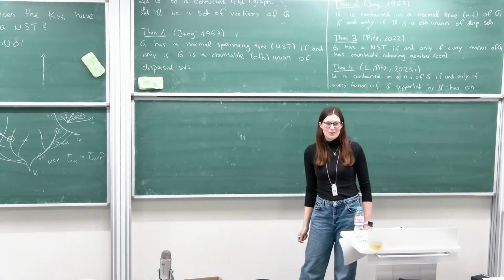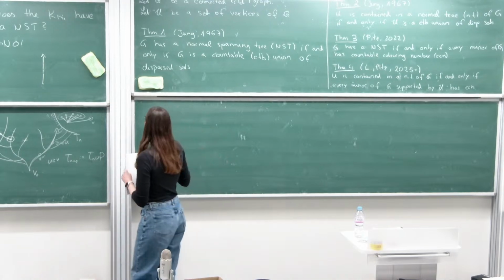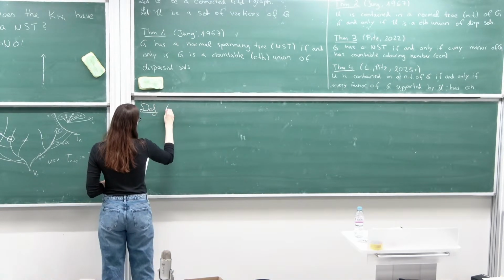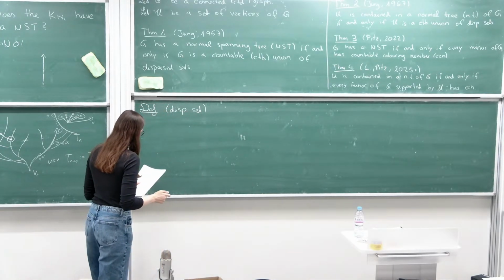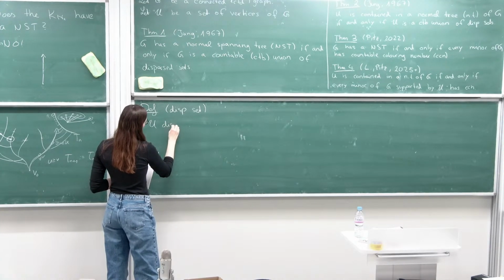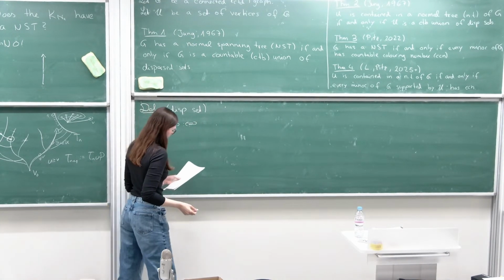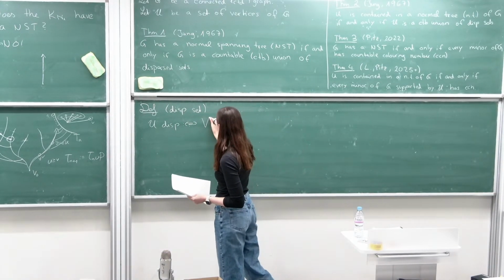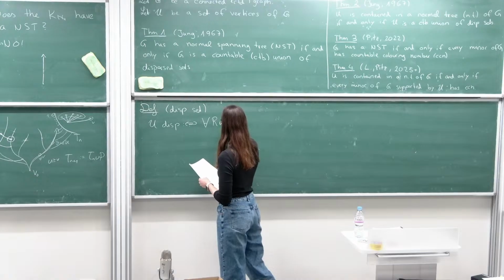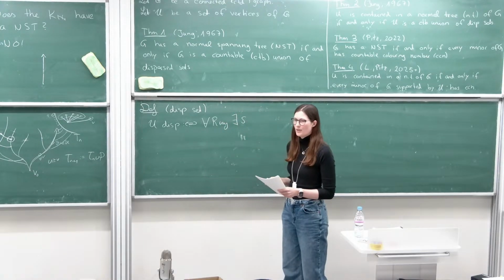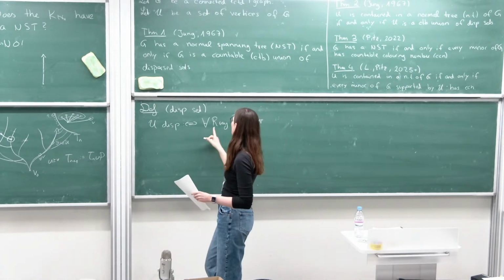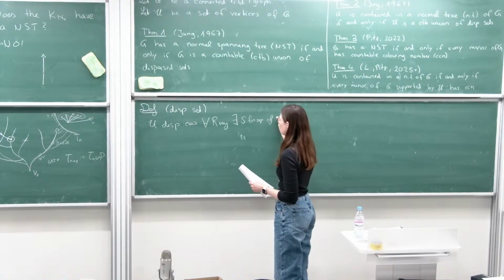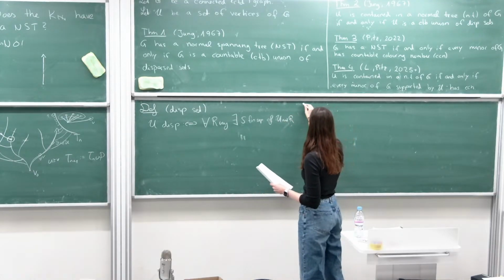Okay, so let me define what a dispersed set is. A set U is dispersed if for every ray in our graph there exists a finite separator that separates my set U and R. Let me draw a picture for that.